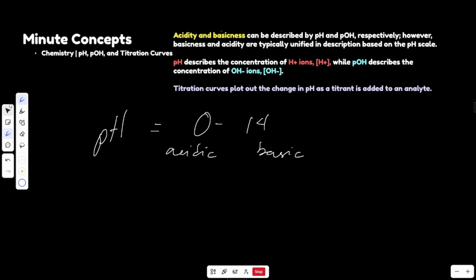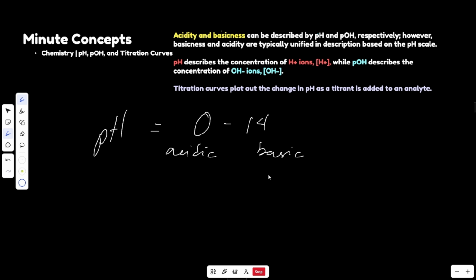So when we're more basic, it's basically saying that we have a lot more OH in the water, and this is probably because we have more base than acid in our solution.